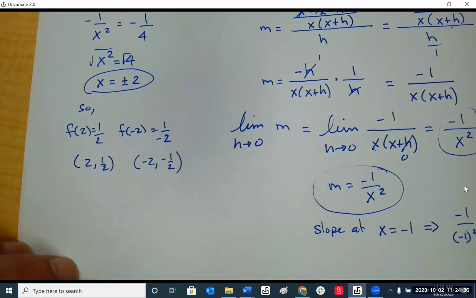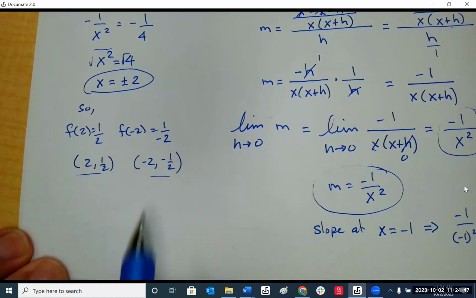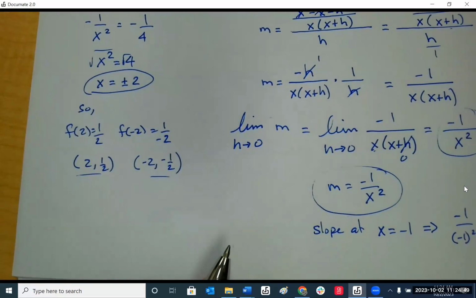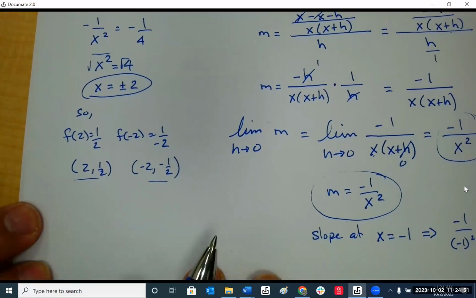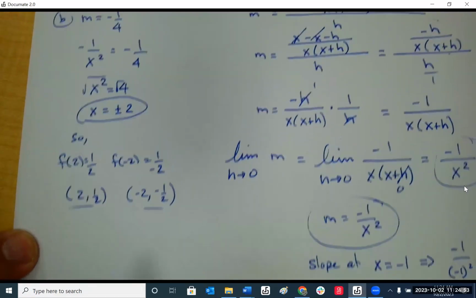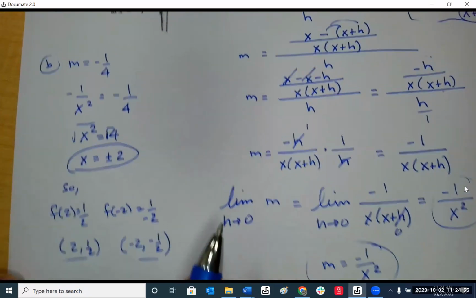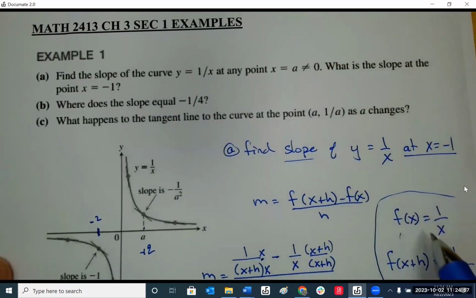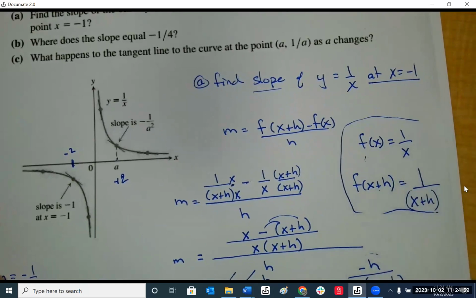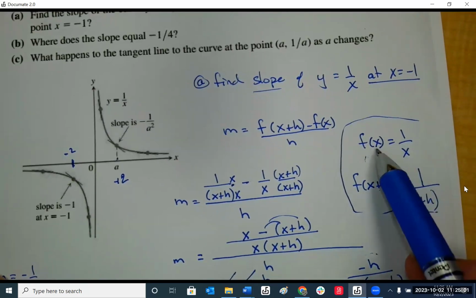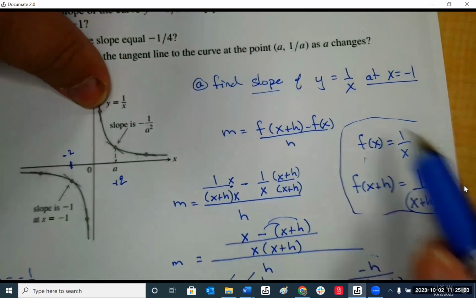So those are the two locations. Those are the 2 points where the slope is negative 1/4, because locations are points. Okay, I knew the x's. I knew the function. The function is 1/x. So I plug in 2 and -2 in there, because this is y.